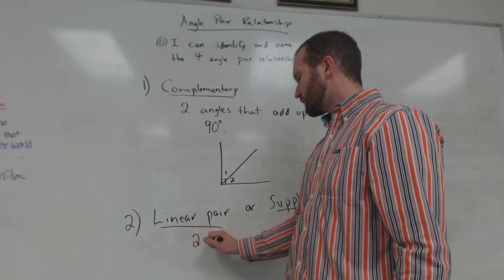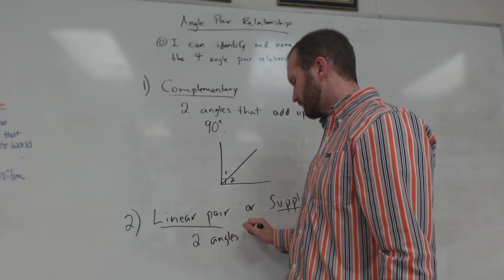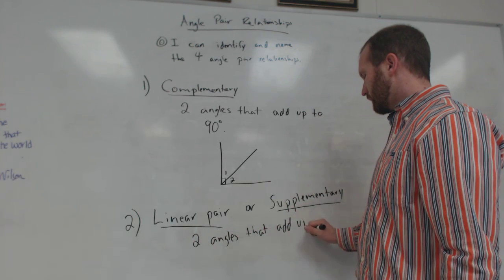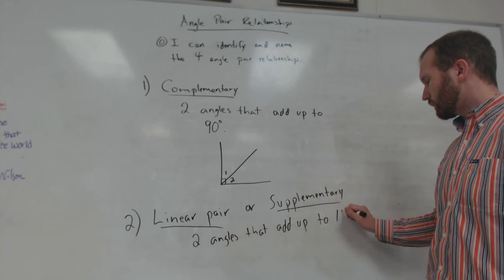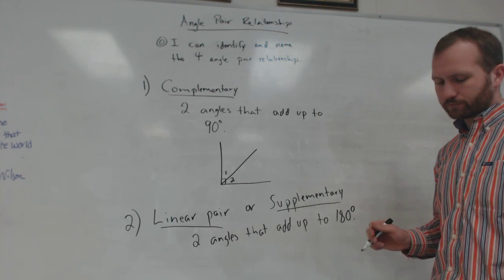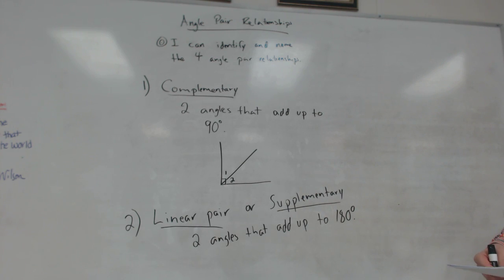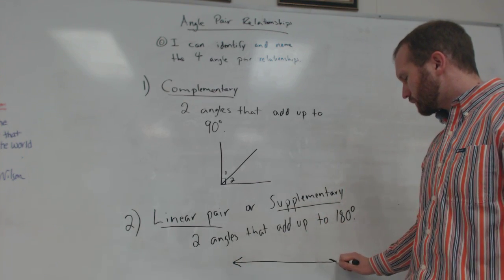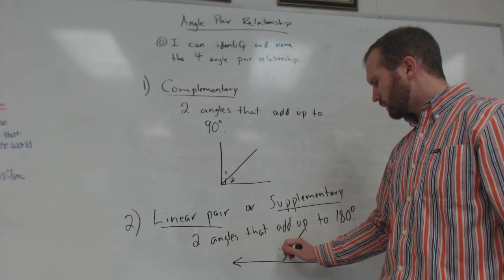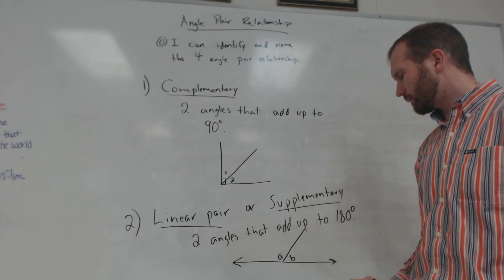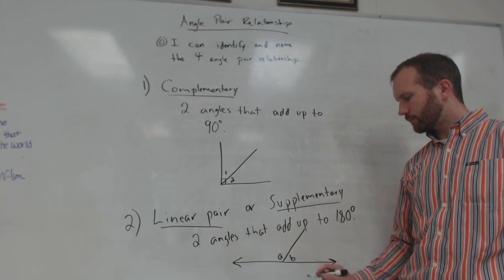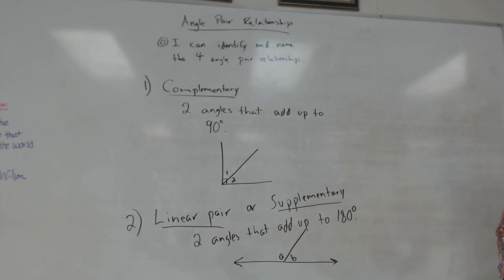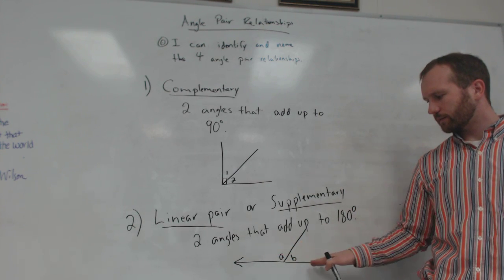But these are 2 angles that add up to 180. So if I have angle A and angle B, these 2 are a linear pair. They form a line together.